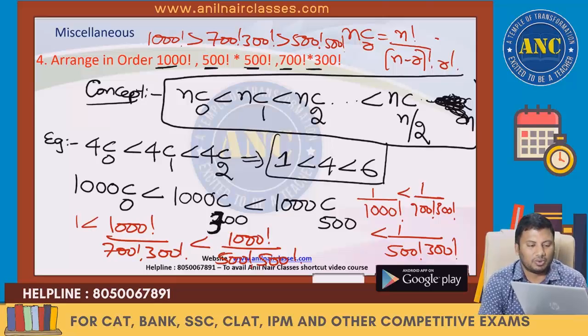Reverse is 1000! greater than 700! 300! greater than 500! 500!.